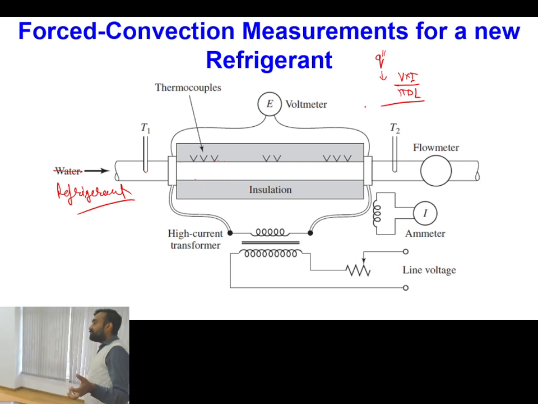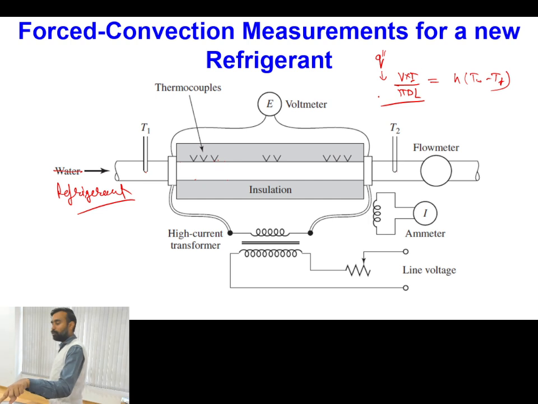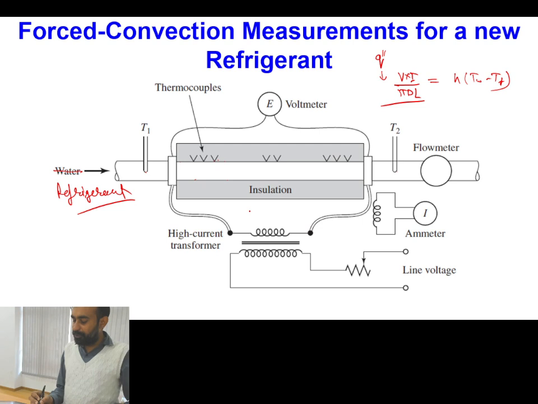So V into I is the heat which we are supplying. If we are equating this to h into T W minus T F, in that scenario this entire heat must go to the fluid medium. That's why we need to provide certain insulation also over here. Is this one clear?